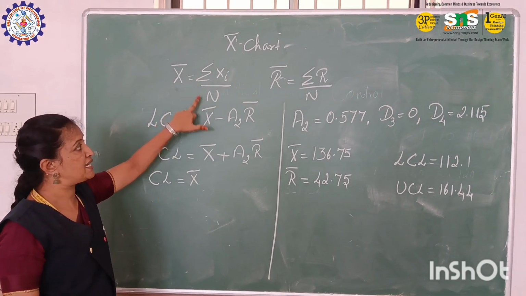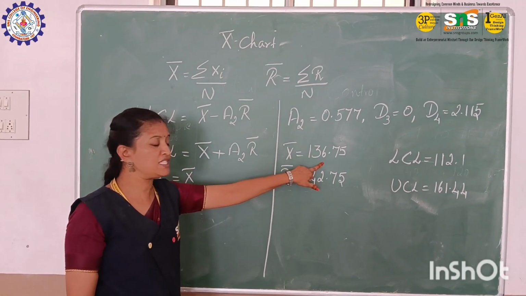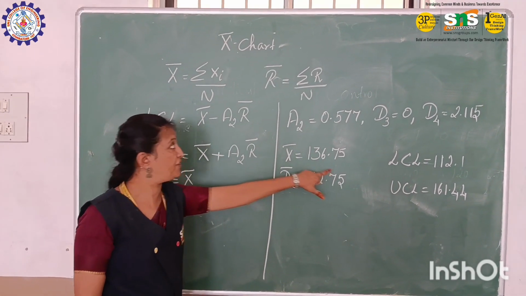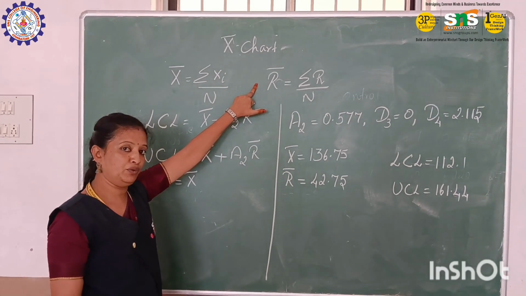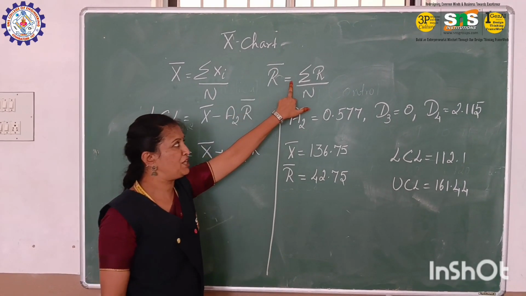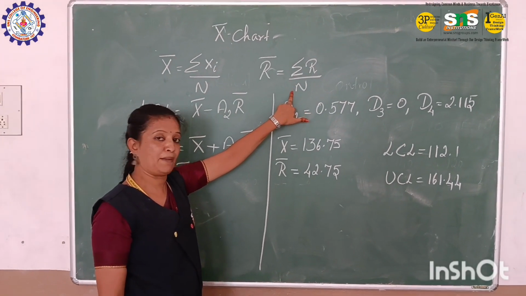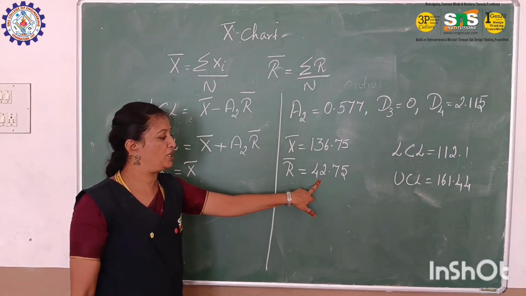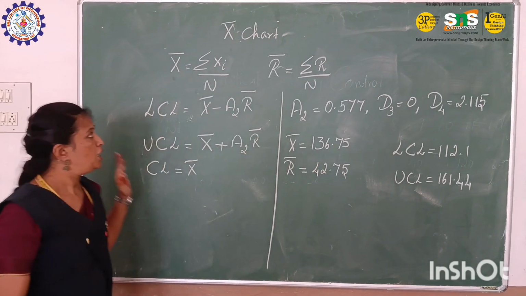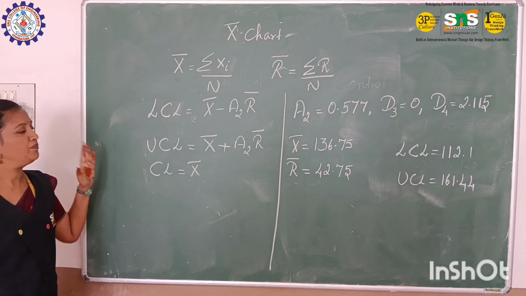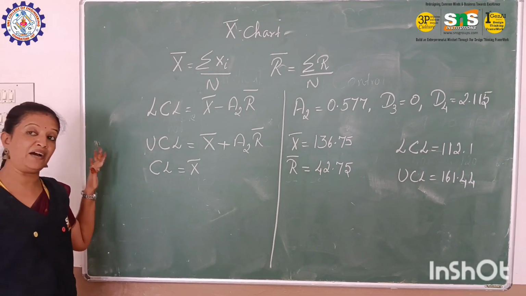So summation Xi divided by N, from which we have got X bar as 136.75. Similarly for range, the range values are already given. It is summation R, add all the range values divided by N. N is sample number 12. From which we have got R bar is equal to 42.75.